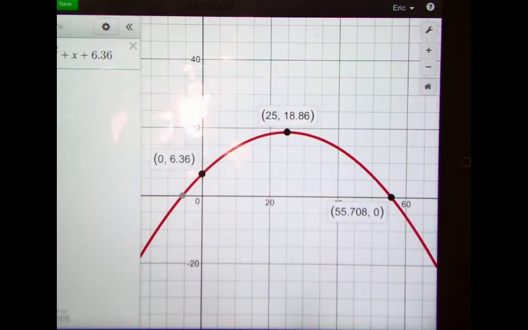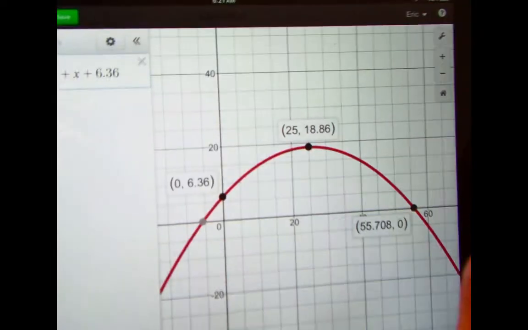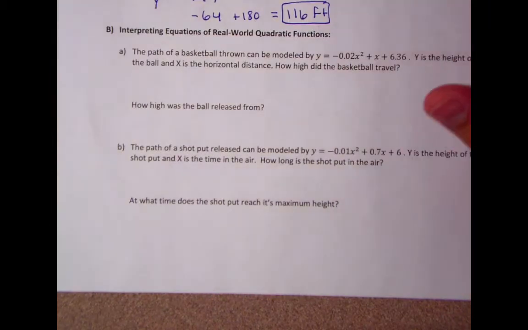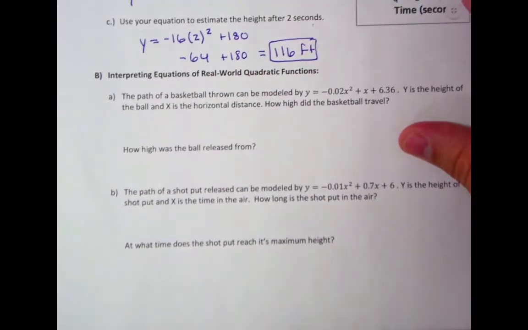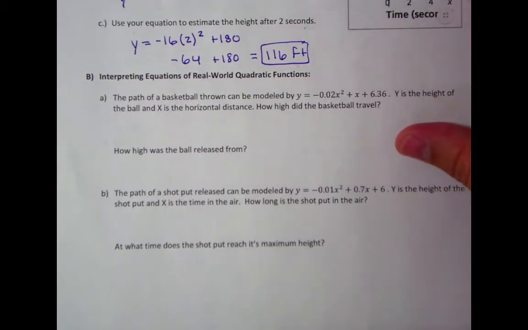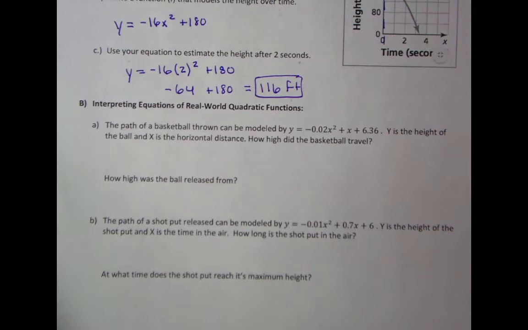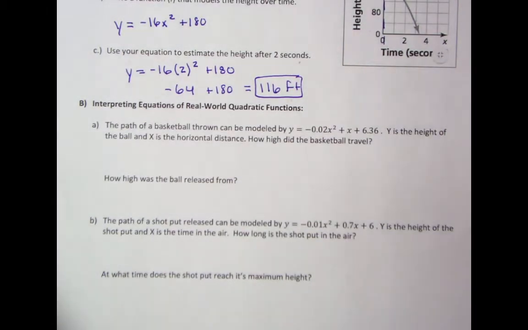So that's it. Let's answer some questions. Let me turn back up the brightness so we can see this. There you go.